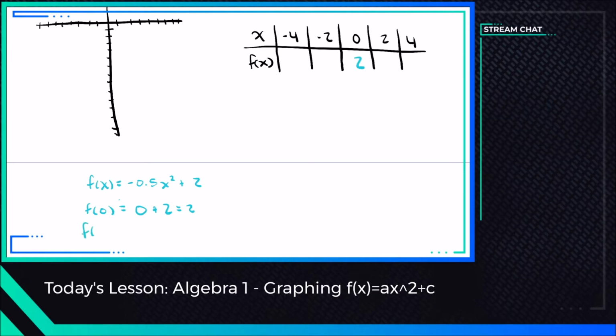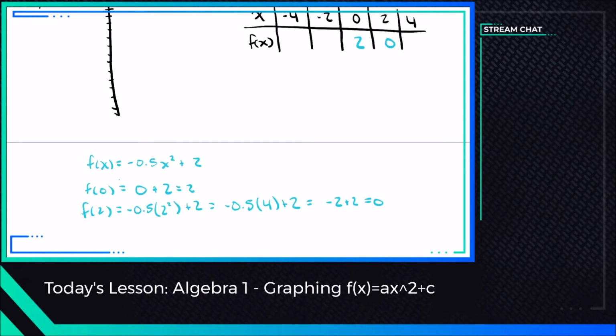And then for f of 2, we're going to take -0.5 times 2 squared plus 2, which is -0.5 times 4 plus 2, which is -2 plus 2, which is equal to 0. And then once more doing this for f of 4, that's going to equal -0.5 times 4 squared plus 2, which is -0.5 times 16 plus 2. Half of 16 is 8, plus 2, or a 10.